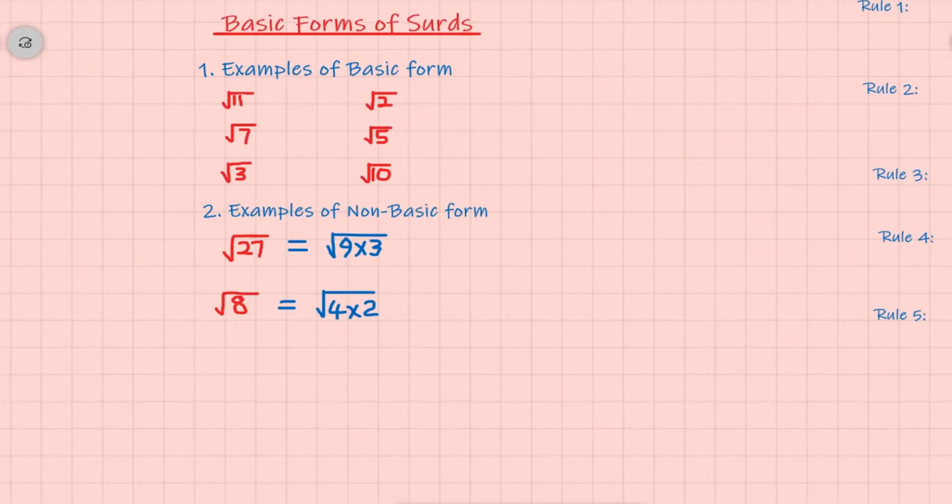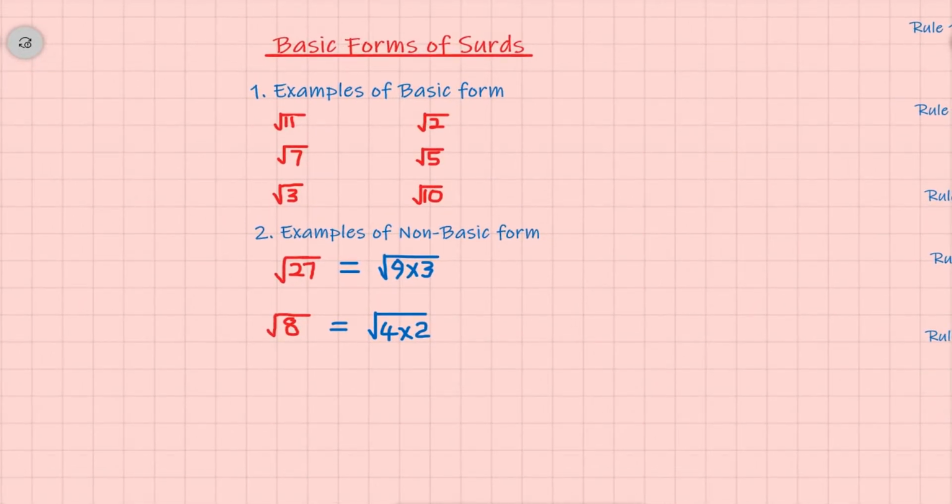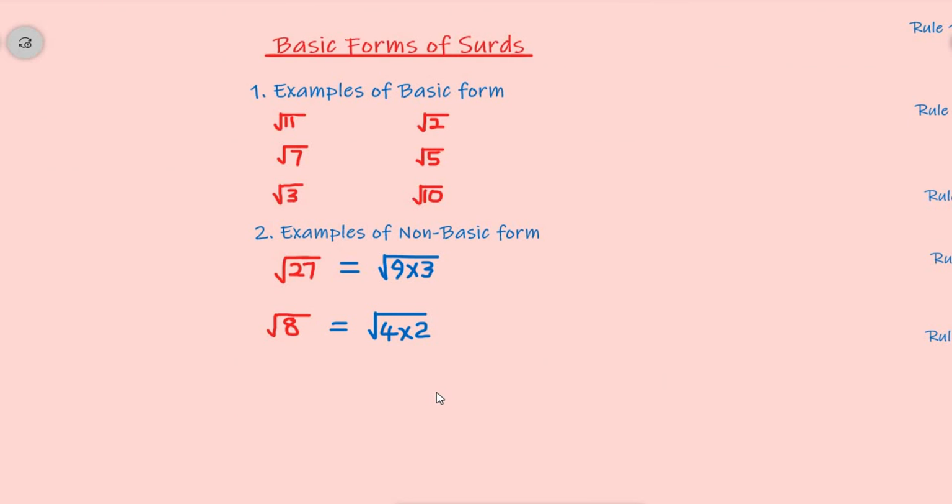Let's go to what we have here. We have basic forms of surds. Let's look at these basic forms of surds and non-basic forms of surds. So how can you identify basic forms of surds? Now, a surd is said to be basic if it does not have a factor that is a perfect square.